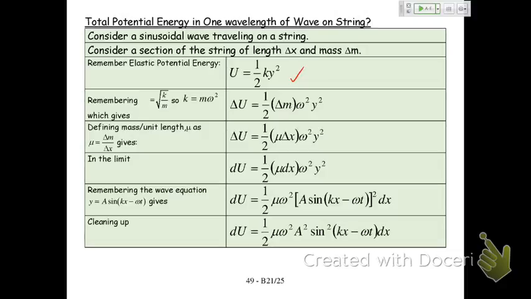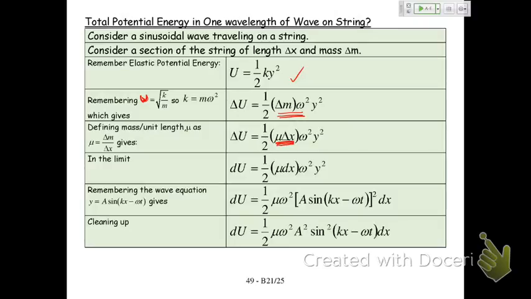We know that omega equals the square root of K over M. So K equals omega squared times M, so we can substitute in omega squared times M. And we can say M is the mass per unit length, mu, times the length.